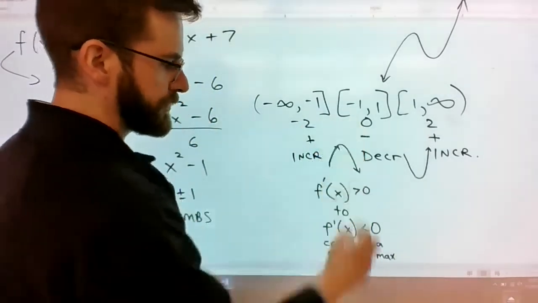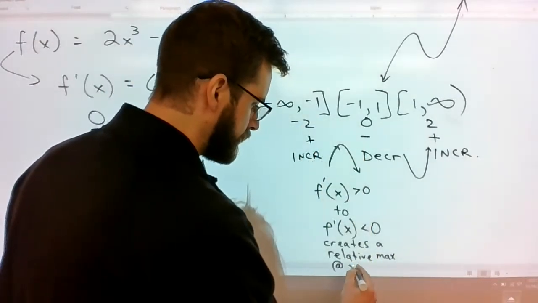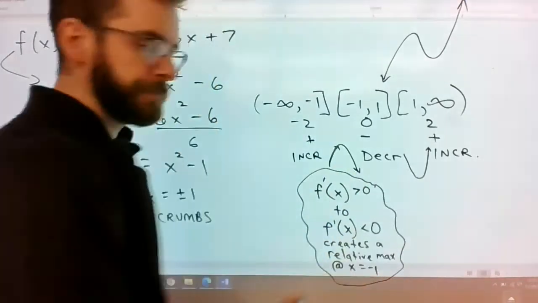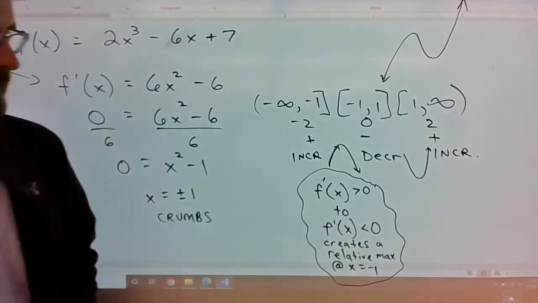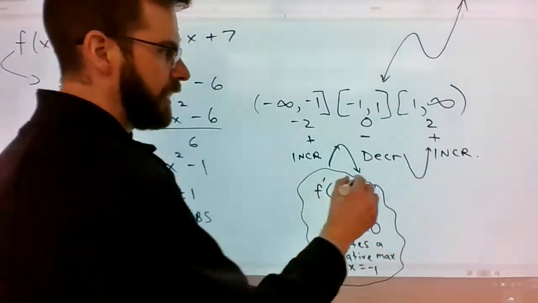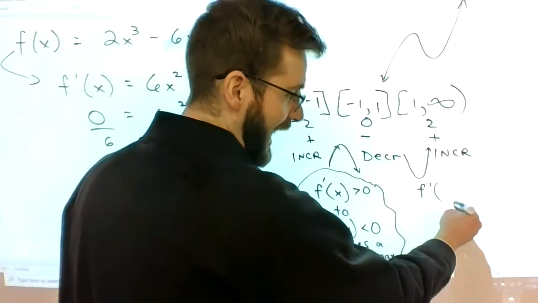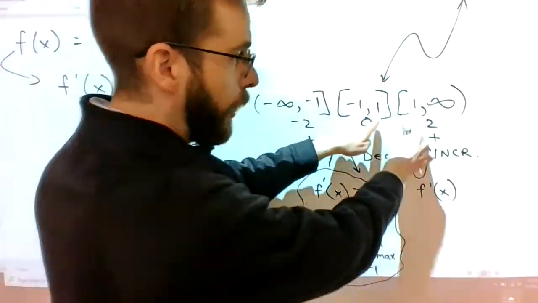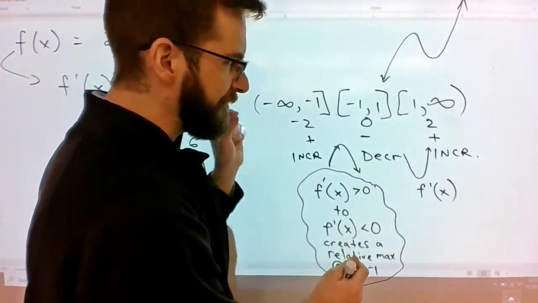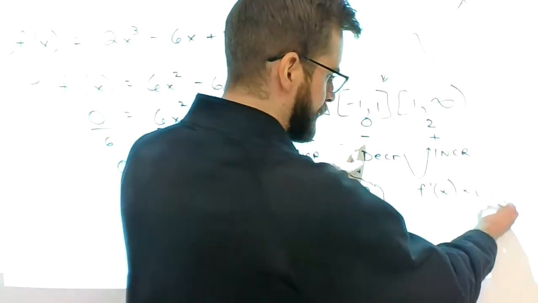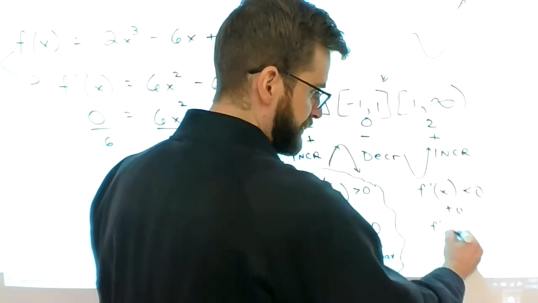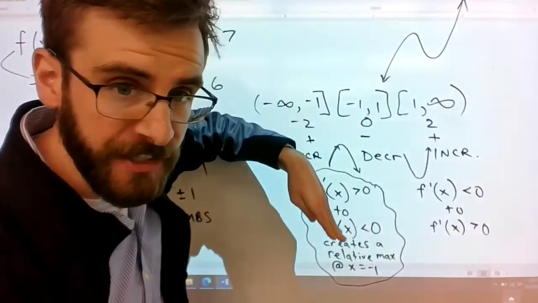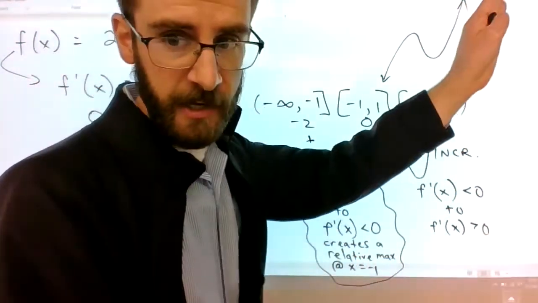At x equals -1. And then here, when f prime at a specific value, the specific value we're talking about is 1, when f prime goes from less than 0 to greater than 0, it's always going to have this decreasing to increasing change.